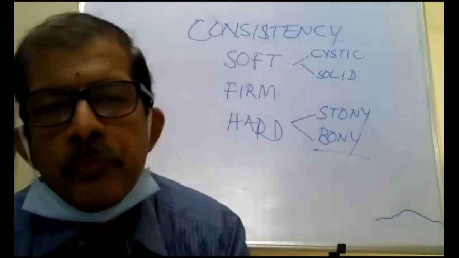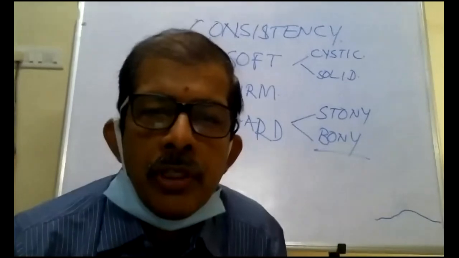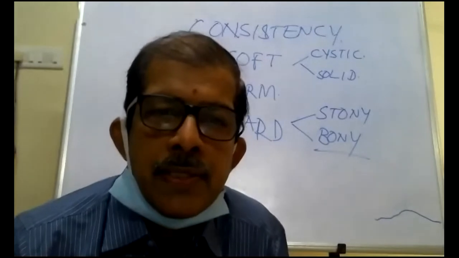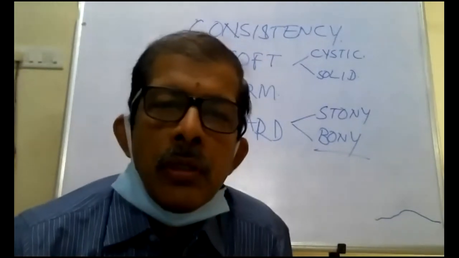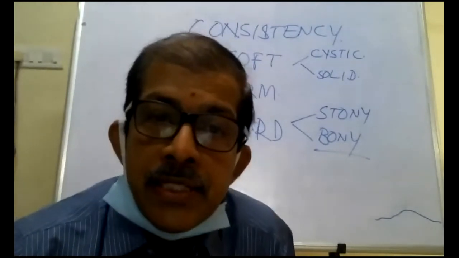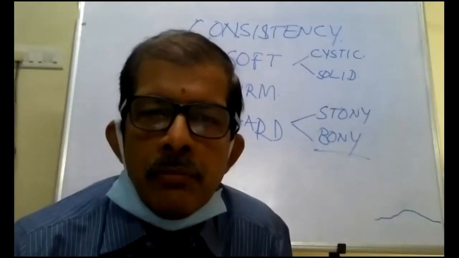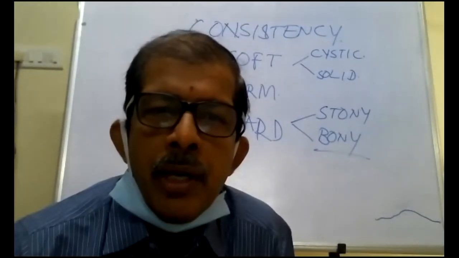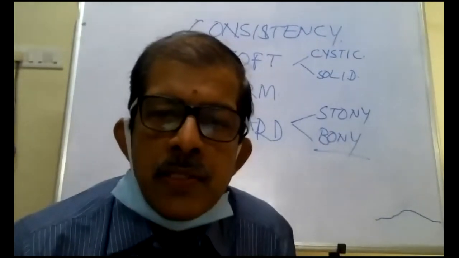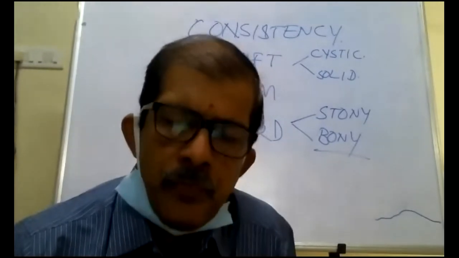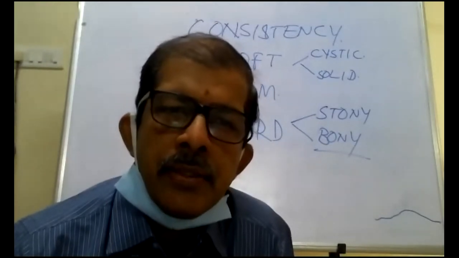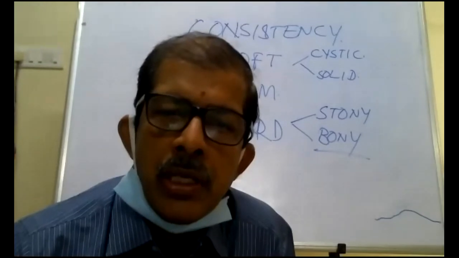How will it be at the center? Will it be soft or firm? For a soft swelling, yes, good, soft. A soft swelling will be soft at the center, and relatively, please bear in mind, it will be firm at the periphery. That is important. That is the basis of Paget's test. So similarly, a cystic swelling will be cystic at the center, whereas at the periphery it will be soft.